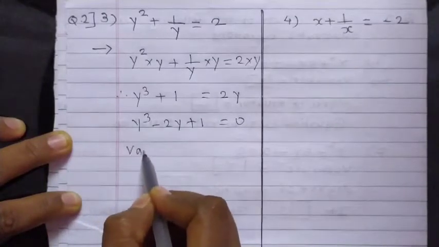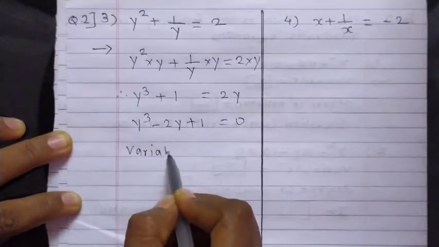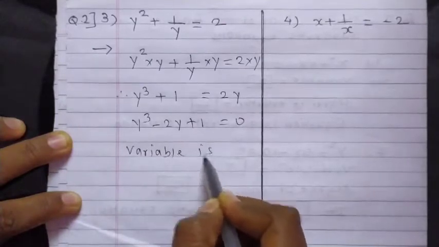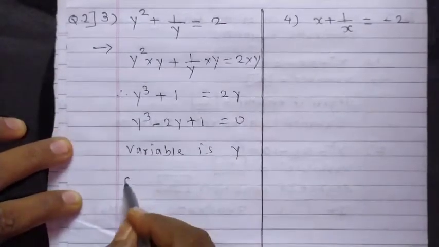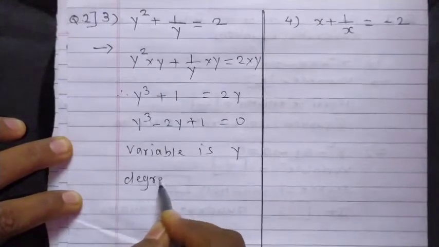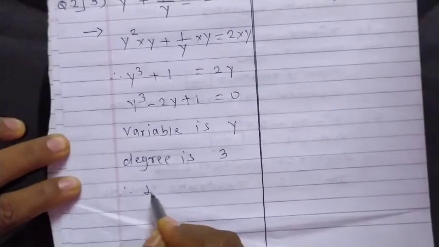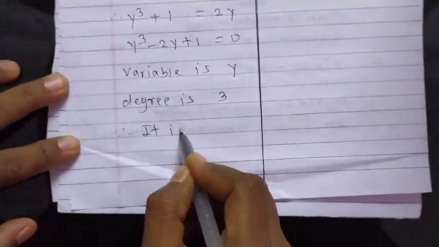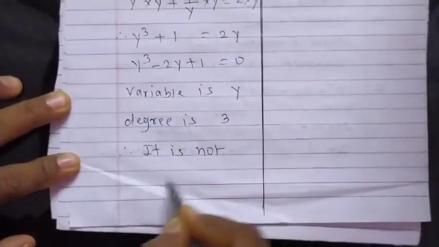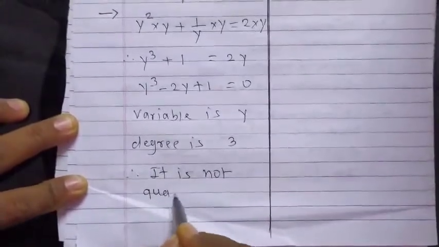Here variable is y. Degree is 3, therefore it is not a quadratic equation.